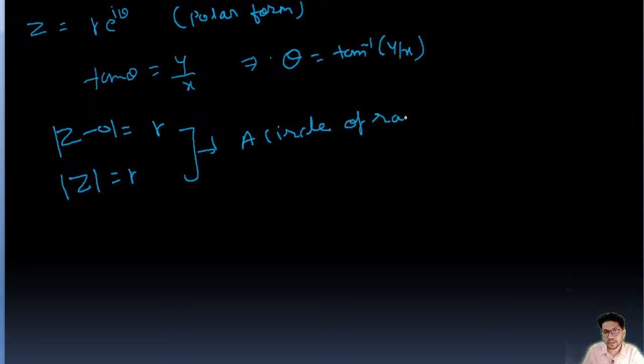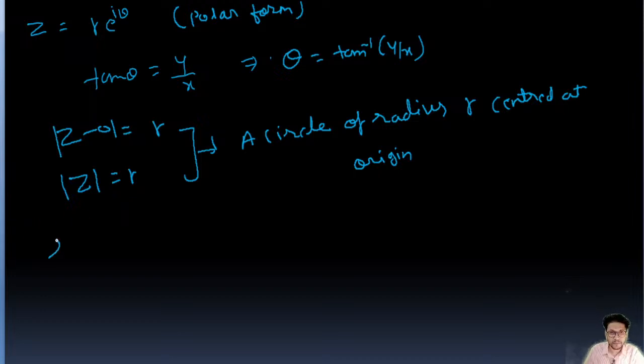A circle of radius r centered at the origin, if mod z equal to r or mod z minus 0 equal to r.